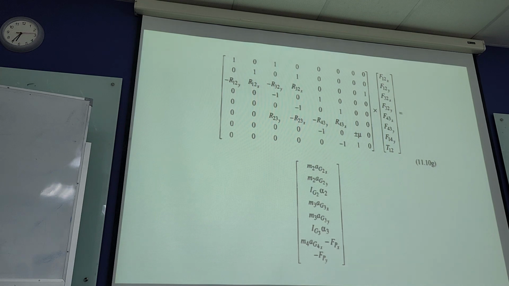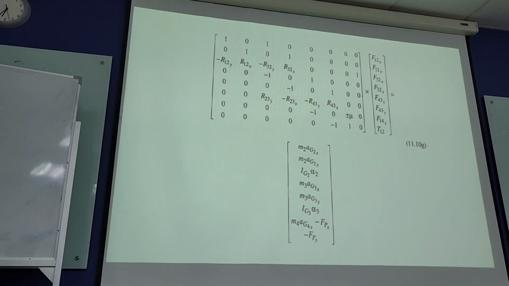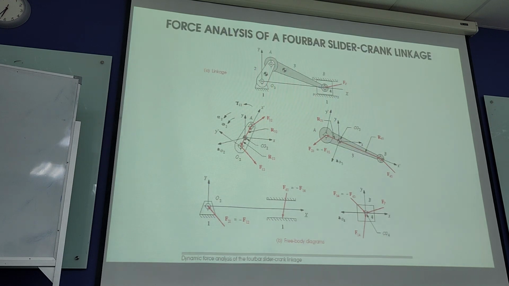Normally in the exams, you will be asked to derive the force equation for any 4-bar linkage mechanism. It may be a slider crank or it may be something different. But whatever it may be, your free body diagrams look like this. Draw each link separately, draw the free body diagram, then apply the sum of the forces equation and the sum of the torques equation.